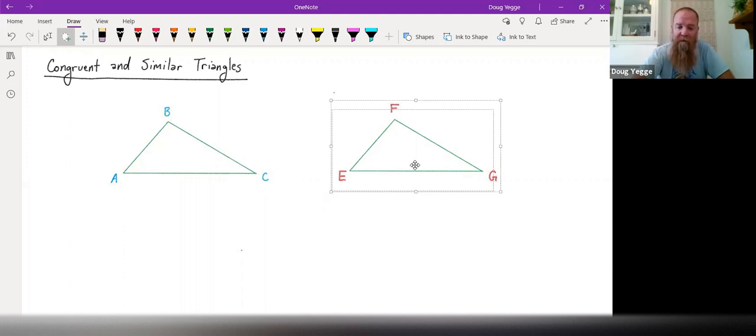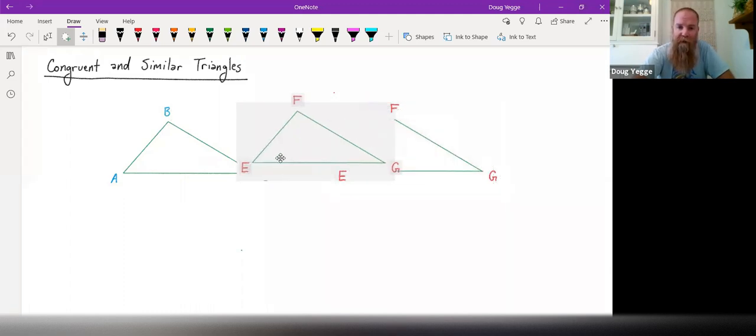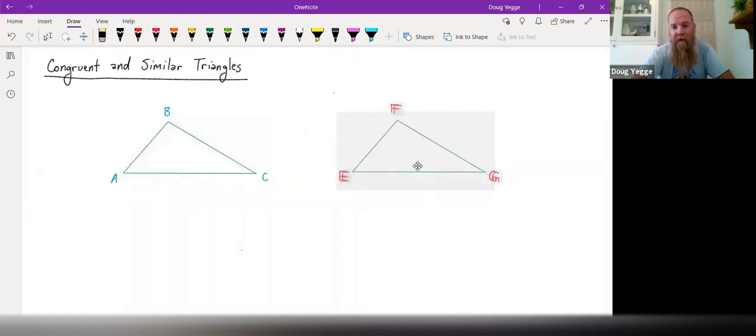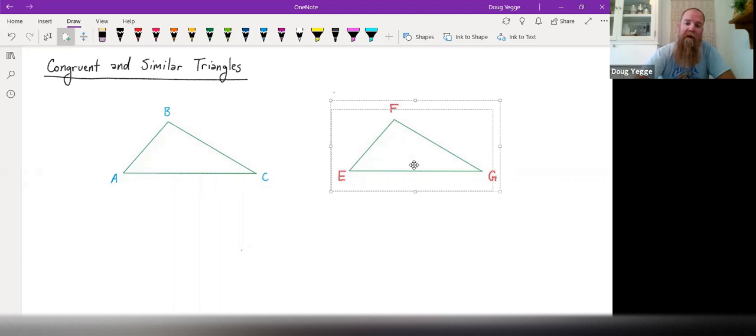In other words, if I could pick up one triangle and put it directly on top of the other one and have it be the exact same size, then those two triangles are congruent to each other, okay? However, most of the time we're not going to be using the fact that two triangles are congruent to each other. We want to determine if two triangles are similar to each other. Now, in order to be similar, a couple of things have to be true here.